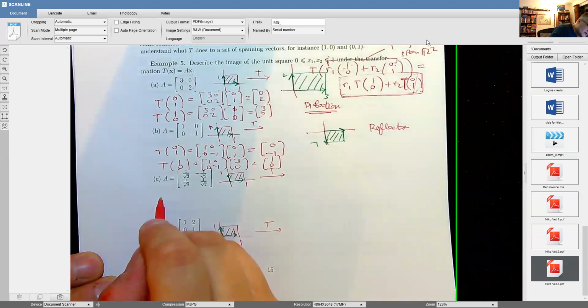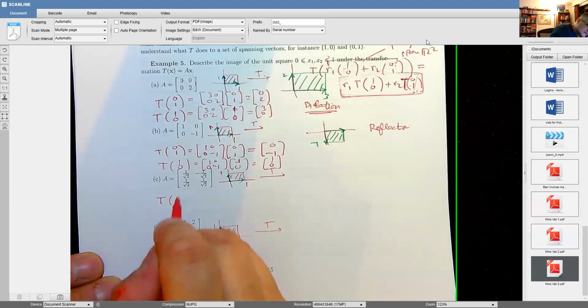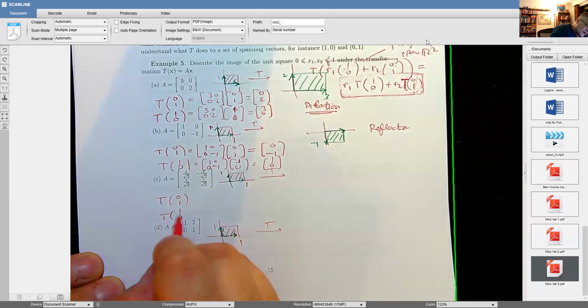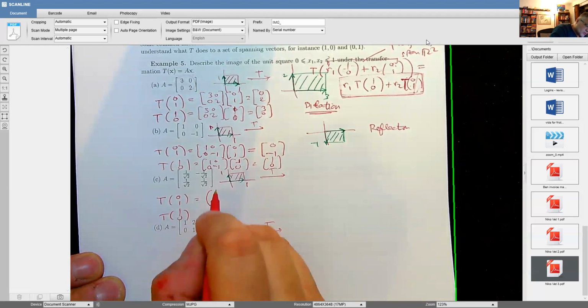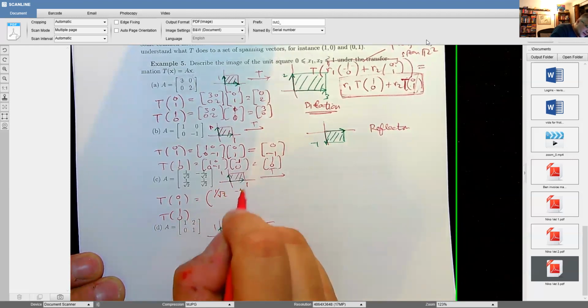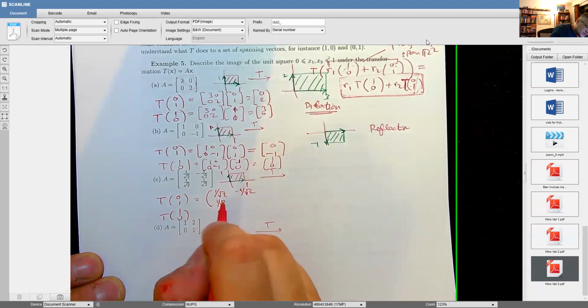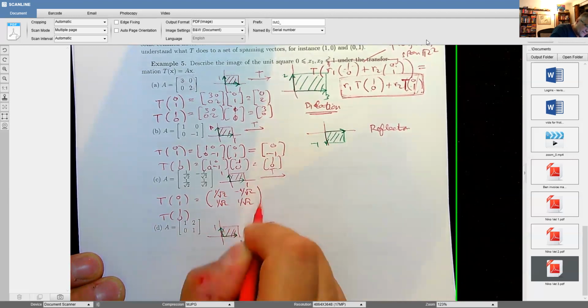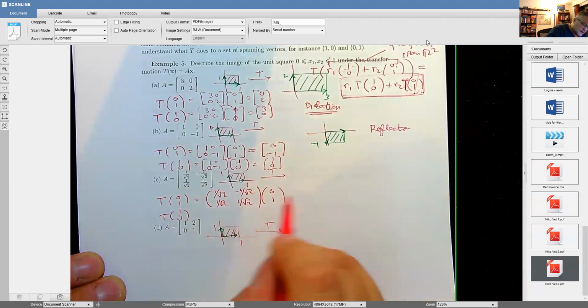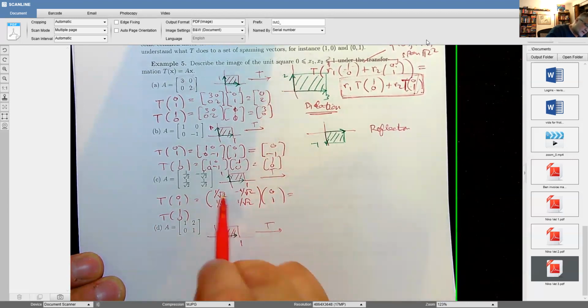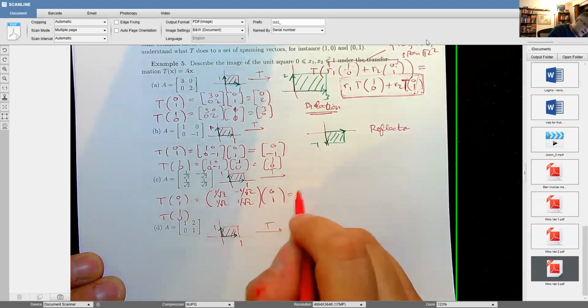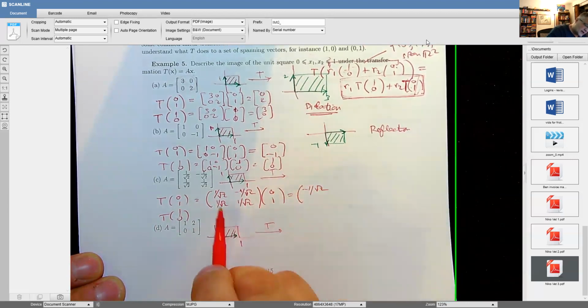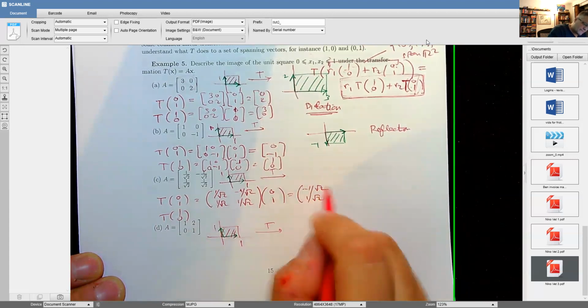And these two are a little bit more exotic. Let's compute here T of (0, 1) and T of (1, 0). Exotic in the sense there's more to do in terms of multiplication and what the result will be. Right, so here, if I were to multiply this out, notice I get negative 1 over radical 2, and this time I get 1 over radical 2.